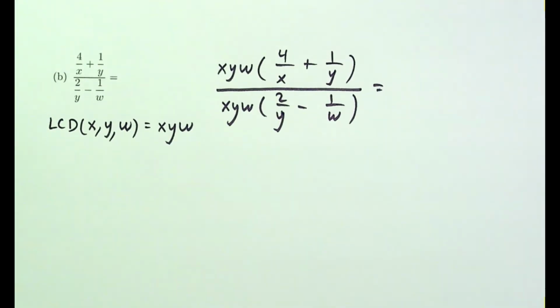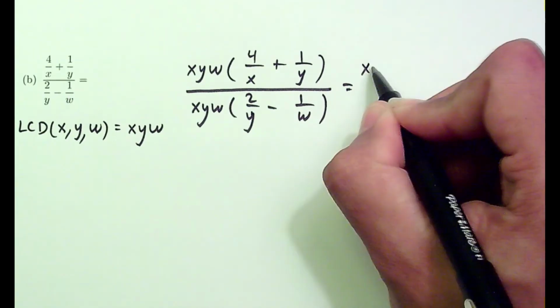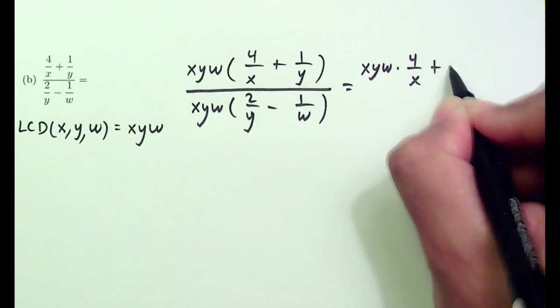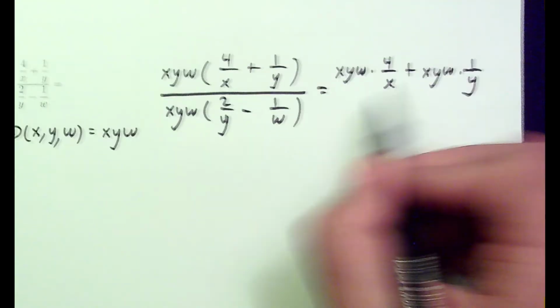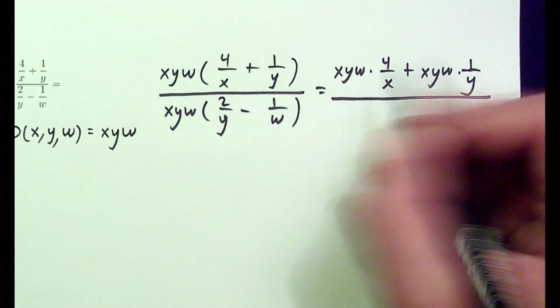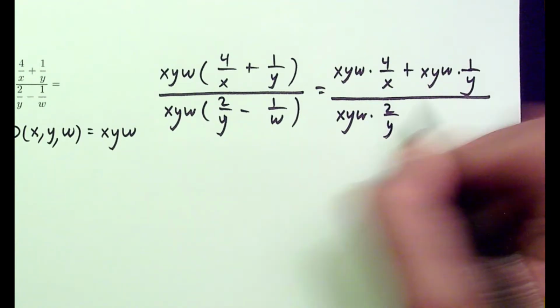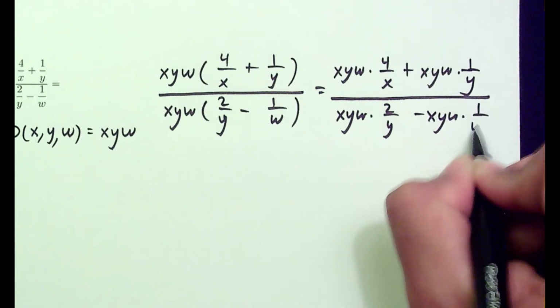Okay? And now we're going to distribute. So this is going to be x, y, w times 4 over x plus x, y, w times 1 over y. All of that over x, y, w times 2 over y minus x, y, w times 1 over w.